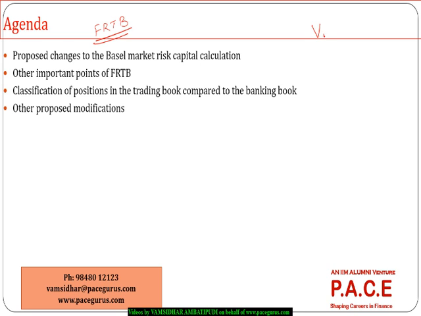So we talk about the usage of VAR, 10-day VAR at a 99% confidence interval, and then Basel 2.5 came out with a stressed VAR, where instead of taking only the recent data, we take 250 days of data over the last 4 years, from the stressed period.